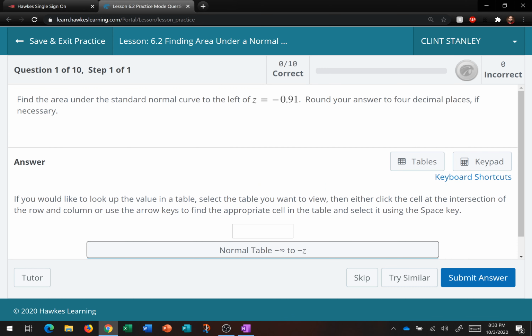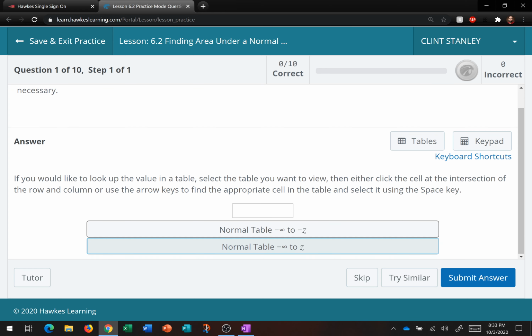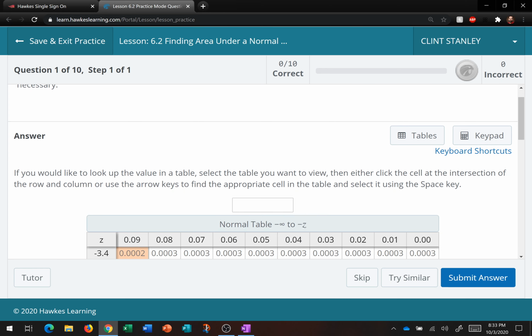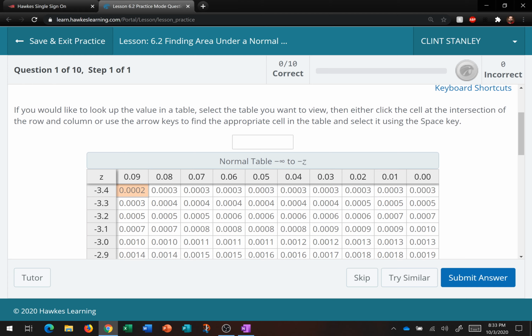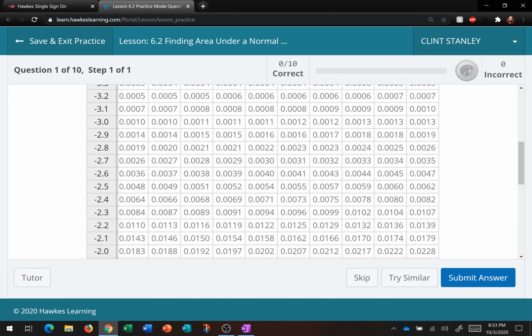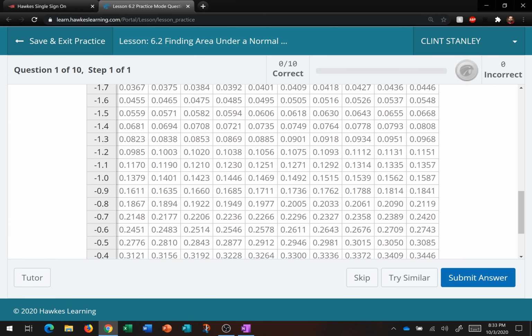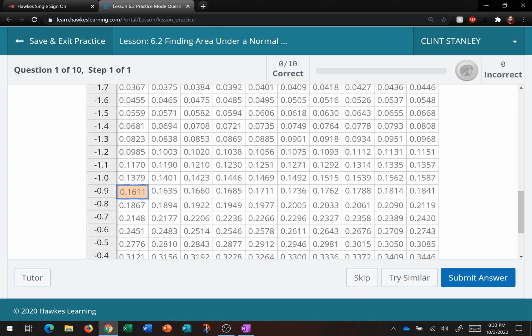So this one says we want to find the area to the left of negative 0.91. So area to the left is what our tables give us, and it goes off toward negative infinity. Since we have negative 0.91, we're going to go to the negative z table. We're going to look up negative 0.9. Okay, that's this row.